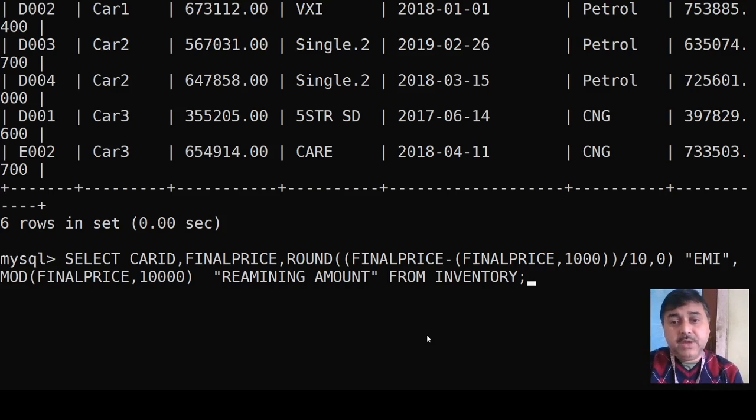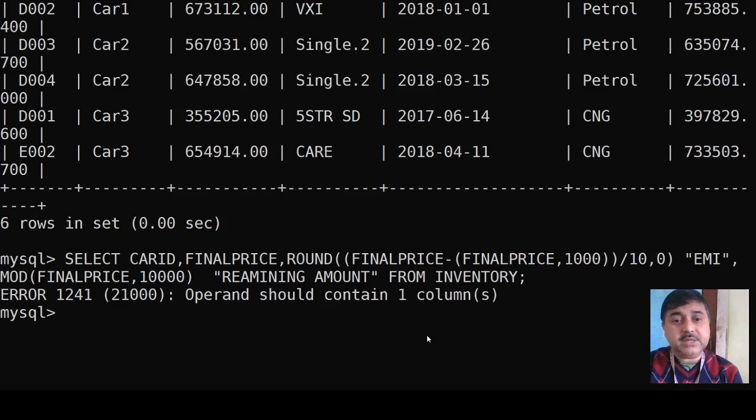As we implement it, let us see. It is saying that it cannot have one column: operand should contain one column. What are we doing?